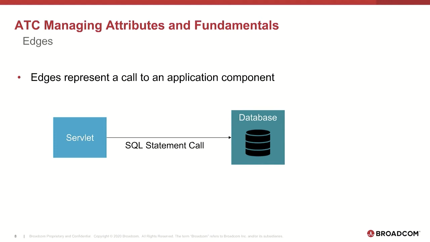So, for example, on a typical Java application, let's say we have a servlet, and downstream it would make a database call. In our mapping, we would represent this call stack as a servlet showing a database, and the actual SQL statement call would be represented by an edge.